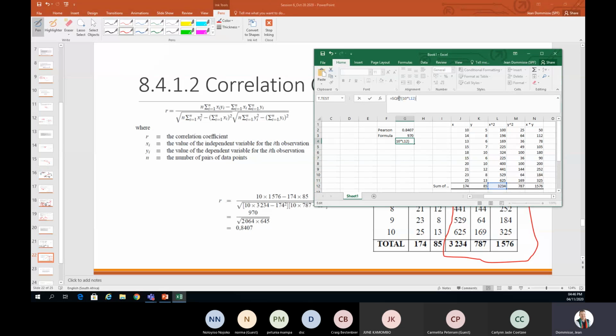Okay, so what I'm first going to do is take the square root out so that I can do the rest. So that would have been that one minus that to the power of 2. Okay, so that would have given me that.